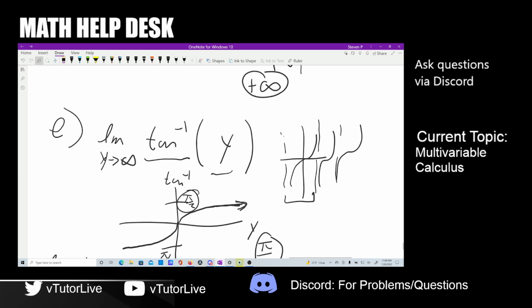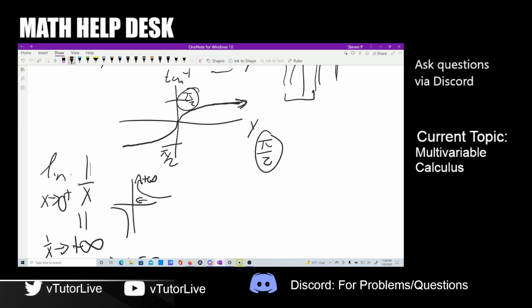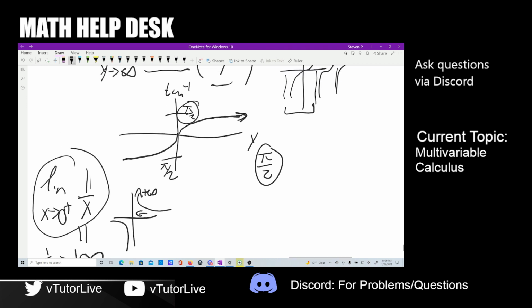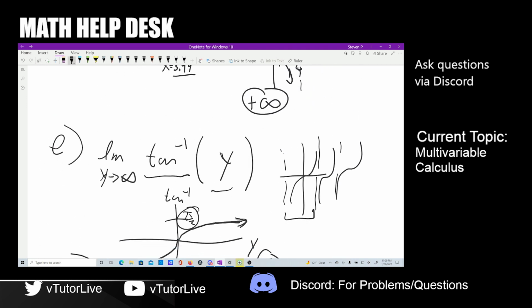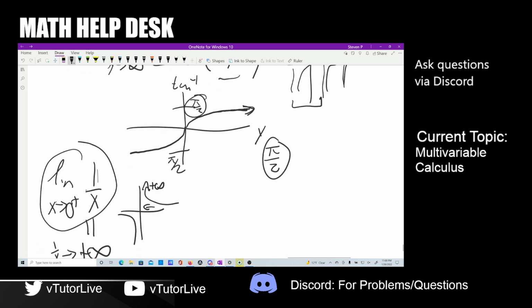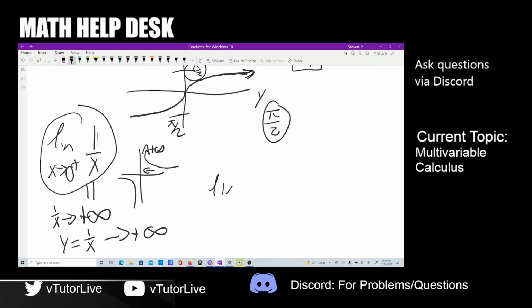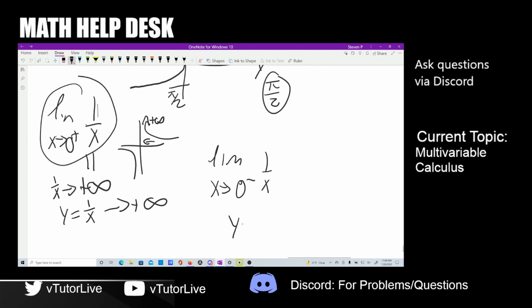And if it confuses you to think about the limit of 1 over x as it goes to 0, you can just rewrite that as the limit of y as y goes to infinity. And if this problem was, for example, the limit as x goes to 0 from the left of 1 over x, then in that case, y would have had to go to negative infinity. Does that make sense?